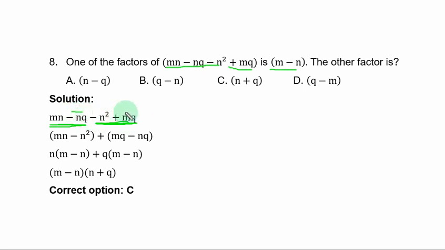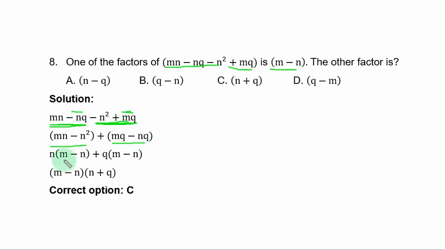Common term is here, so you take the two. So you take first and third terms as one group, then second and fourth term as one group. As you are doing that, always follow the order of the letters. Q is common. Look at M and N. You have M before N. So we start with MQ minus NQ.